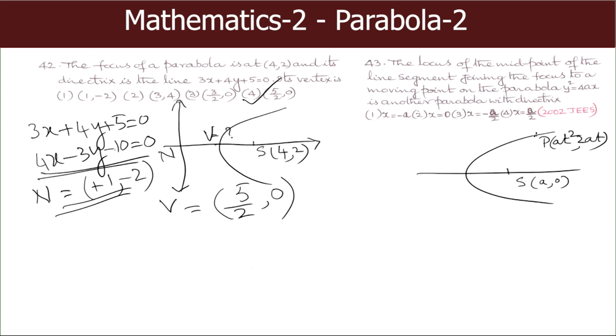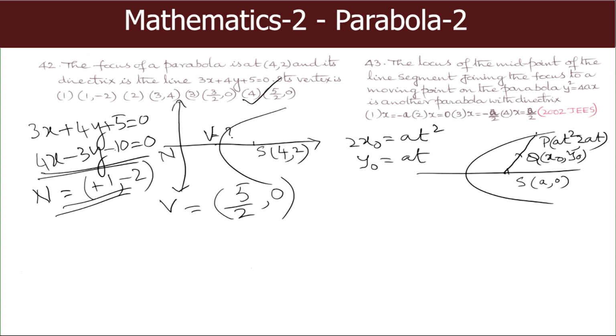This is the line segment joining S and P. Midpoint of this line segment Q (x0, y0), he is asking the locus of the point Q (x0, y0). So, 2x0 is at square and y0 equal to at.